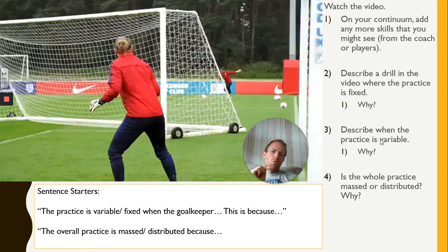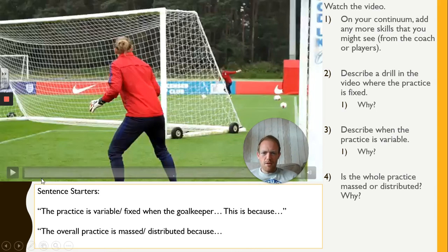Number 3, what part of the video is variable? Where are things changing? Where are teammates or opponents giving different scenarios to the goalkeeper here? And then is the whole practice itself massed or distributed? All right, so a bit of thinking to do there, but I'll talk you through it with you.